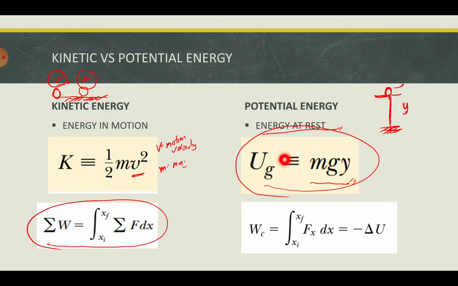There is another type of potential energy, which is elastic potential energy, which will be discussed in a separate video presentation. Take note that the W net of a potential energy is equal to the negative change of potential energy.